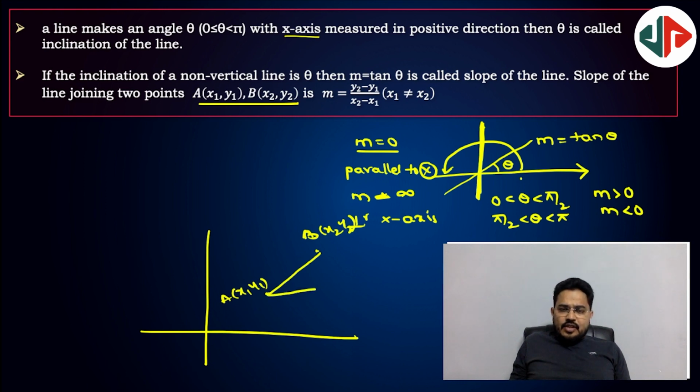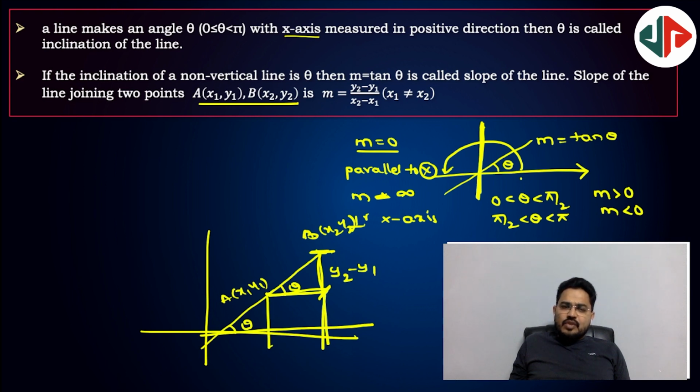In that case, complete this triangle. This is the positive x-axis, and this is parallel to it. So if this angle is theta, this angle is also theta. Here the y value is y2, here the y value is y1, so this length is y2 minus y1. Here the x values are x2 and x1, so this length is x2 minus x1.